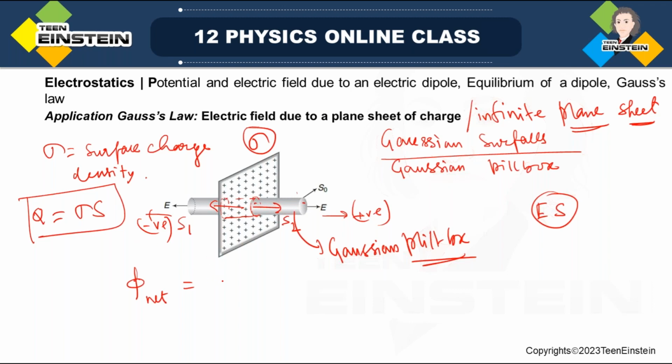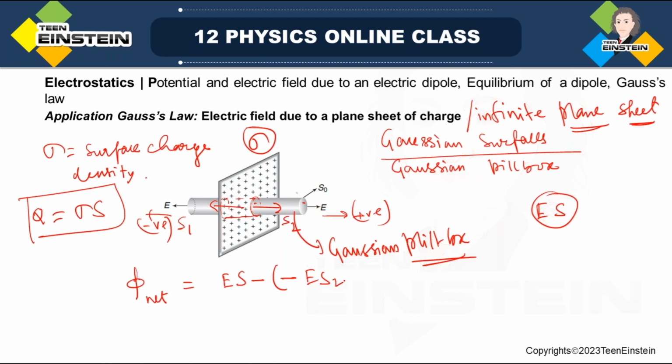Then I can write E into S2, and S2 means S only, in both cases it is S. ES is the flux in the rightward direction, and the minus comes for the leftward direction. So what is the net flux?